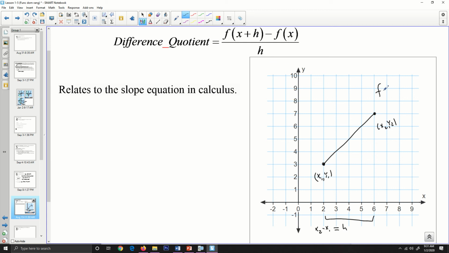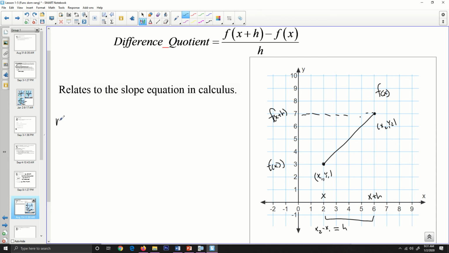And if this is my function value, and I call this just x, then this point right here would be f of x. And if I talk about this place here, h, this point right here, if this is x, then this point here would be x plus this distance here, which we call h. So this is x plus h, making this point right here f of x plus h.